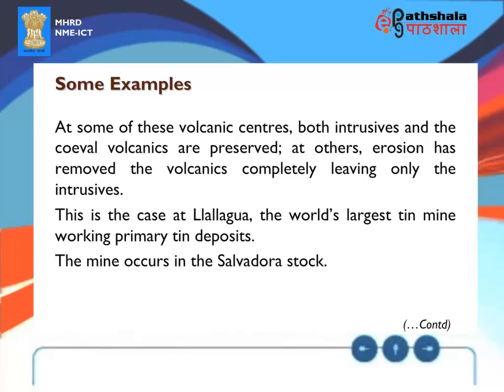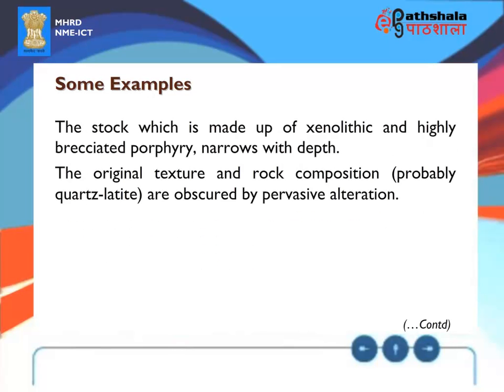The mine occurs in the Salvadora stock. The stock, which is made up of xenolithic and highly brecciated porphyry, narrows with depth. The original texture and rock composition, probably quartz latite, are obscured by pervasive alteration.